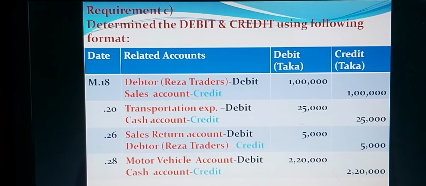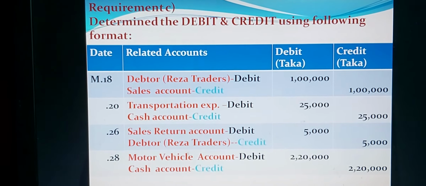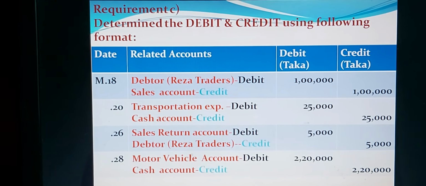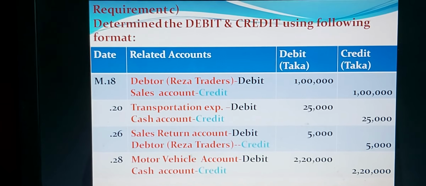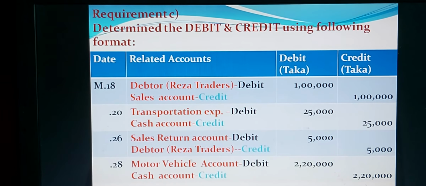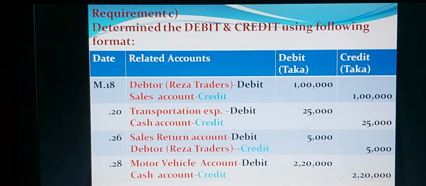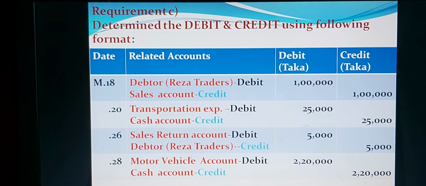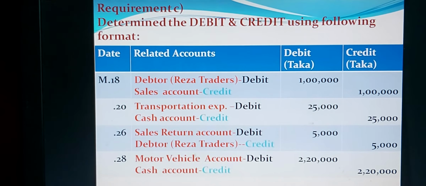So his return is available. Return from any customer is treated as sales return. You have to remember it all the time. Return from customer is always treated as sales return. So in this transaction, you can write sales return account is debit, and debtors or account receivable, that is the name of Reza traders, is credit.